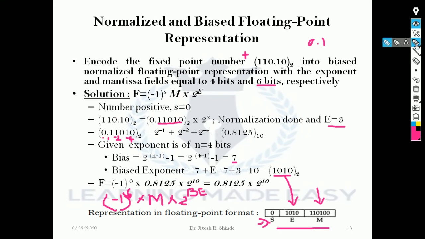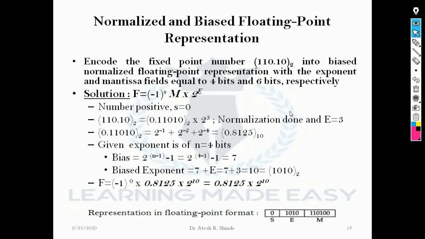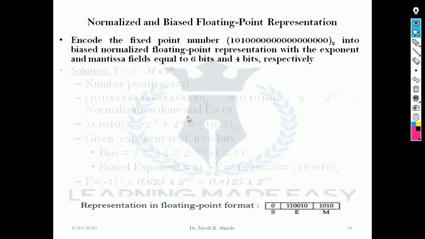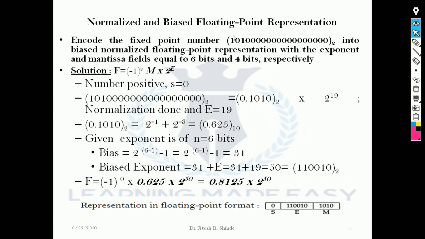Let's see another example. Here again the number is assumed to be positive, no sign specified. 6 bits are allocated for the exponent and 4 bits for the mantissa. S is equal to 0 here, so 0 has been placed here. First step, normalization: we want the answer in 0.1 format.